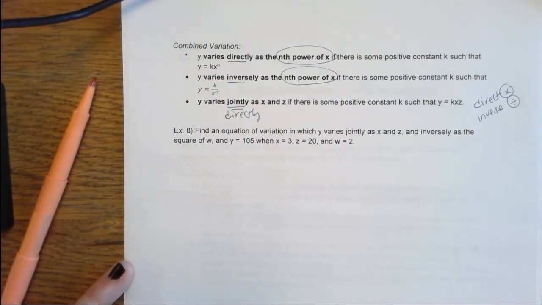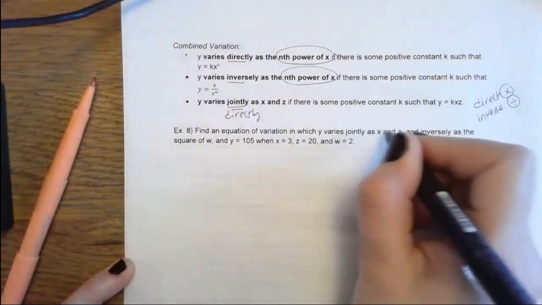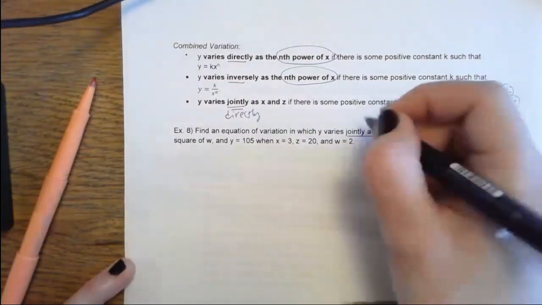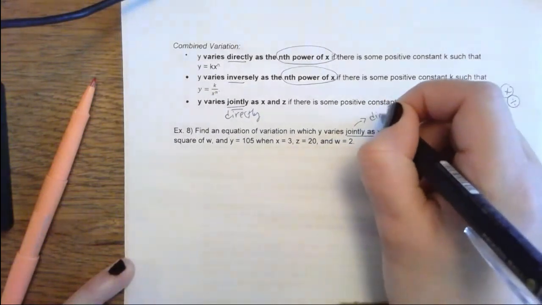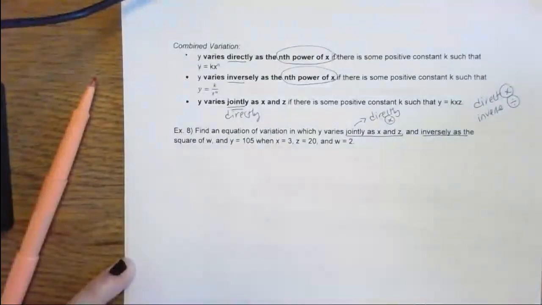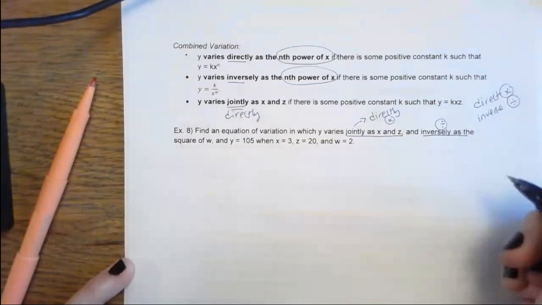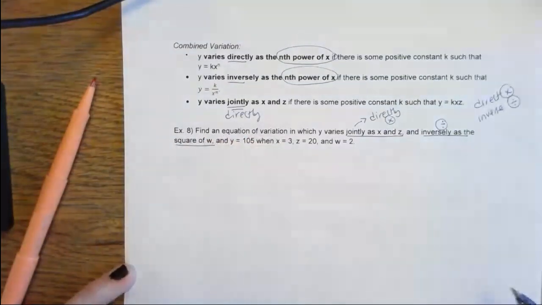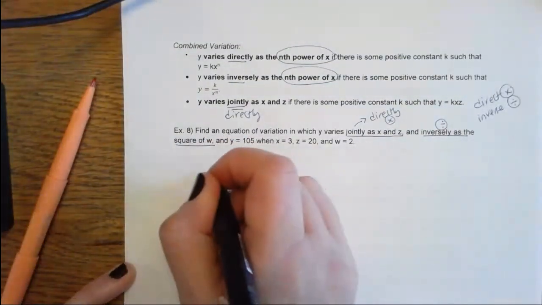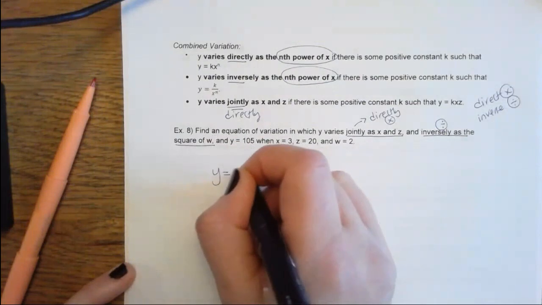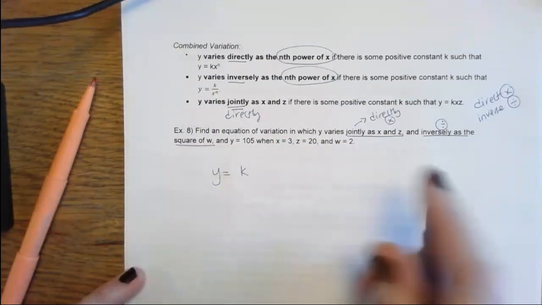So let's find an equation in which y varies jointly as x and z. So jointly is another word to think about as directly applying. Inversely, which is dividing, as the square of w. All right, so let's take our time. So I know it's going to be y equals, there's always a k, so you need to have your constant.